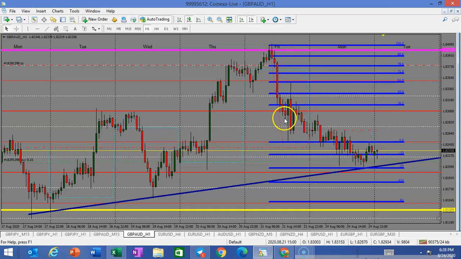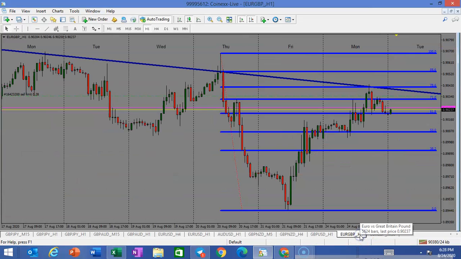Why? Because we have already had some sort of 50% retracement of this move down. This is the actual move. This is just an extension of this 50% retraced move. So it's kind of a variation from what we saw on EG, EURGBP.